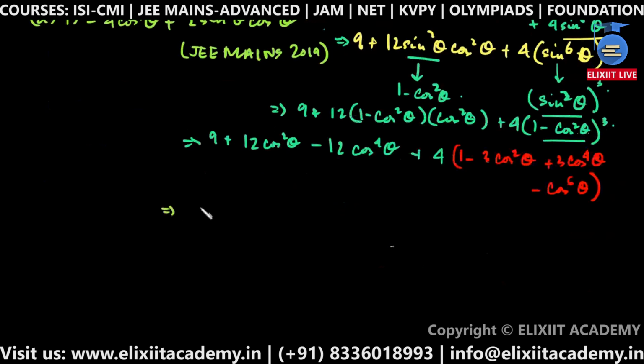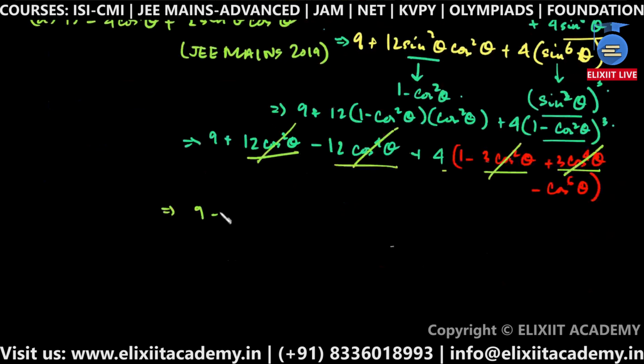So what we have? Now simplify this thing. So we have 9. Now see 12 cos square theta, we have 4 into 3 cos square theta, that is basically 12 cos square theta. So these terms are getting cancelled. 12 cos to the power 4 theta and we have 12 cos to the power 4 theta, these terms are also getting cancelled.